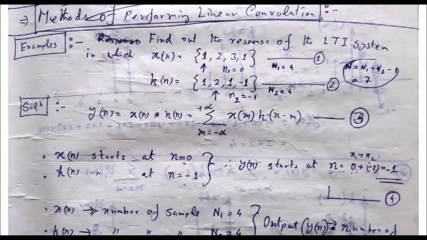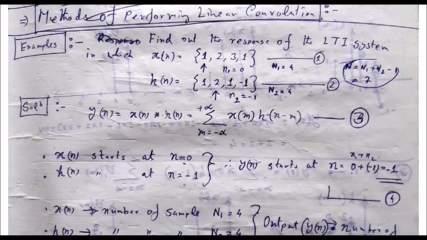Now I am going to the methods of performing the linear convolution. There are three methods. I will discuss all of those three. In the examination it can be mentioned which method you have to use to do the convolution. That's why you have to remember and practice all these three methods, okay.